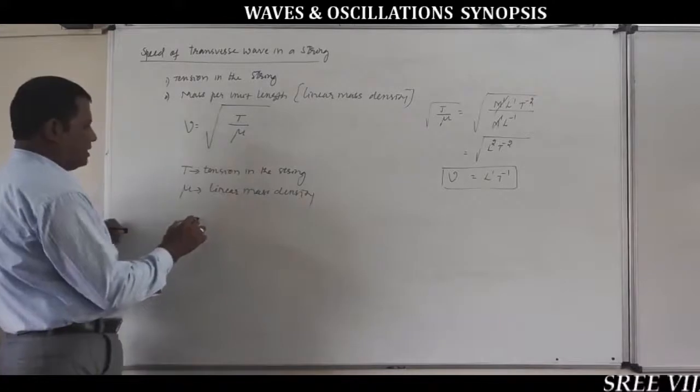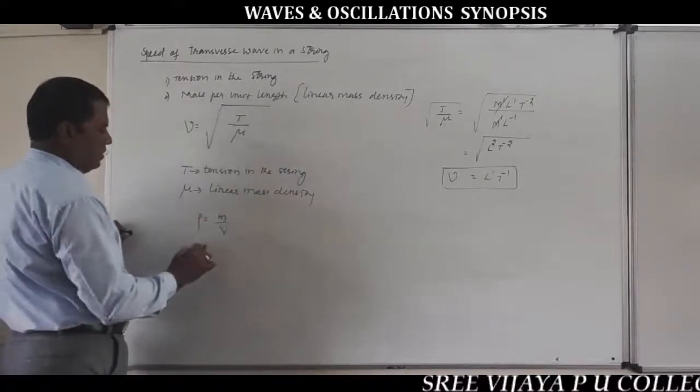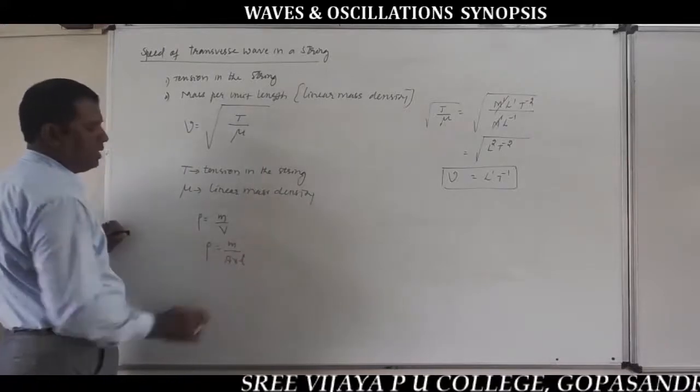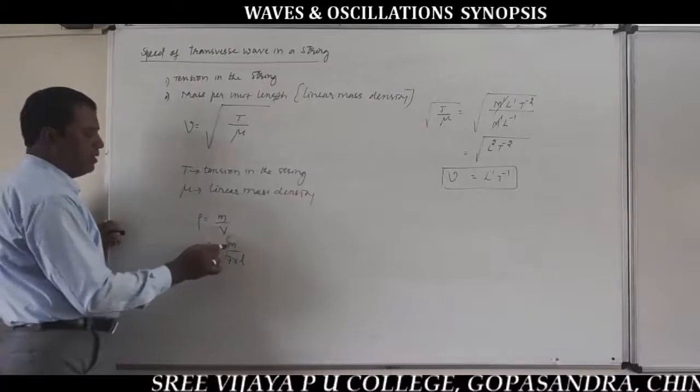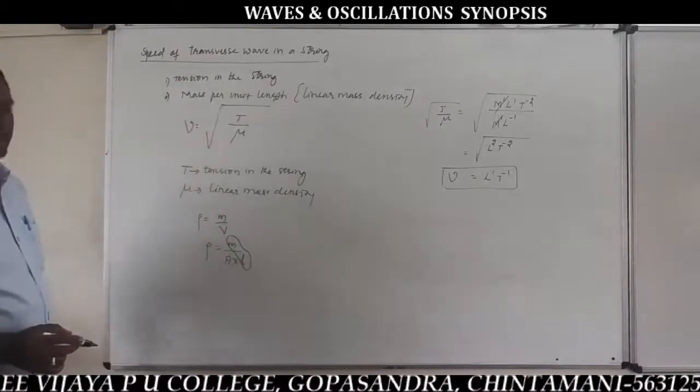We know that density is equal to mass by volume. Density is equal to mass by area into length, as volume is area into length. So now this mass per unit length is called linear mass density.